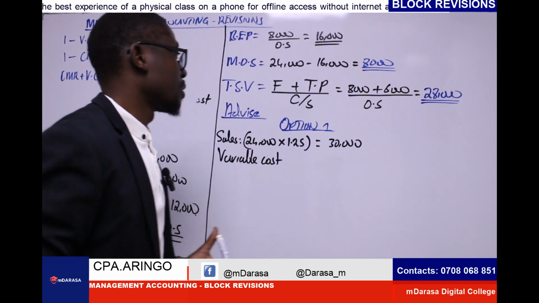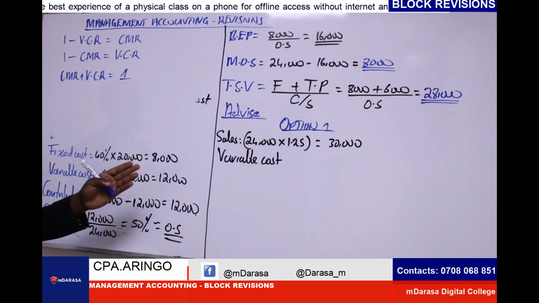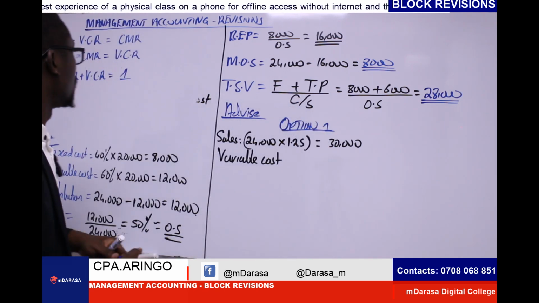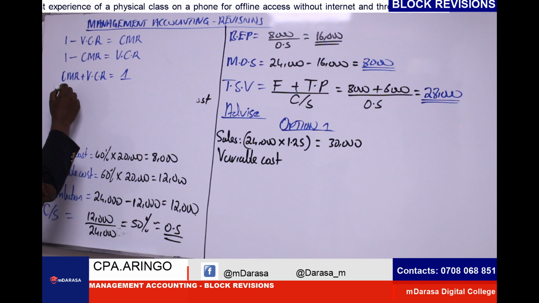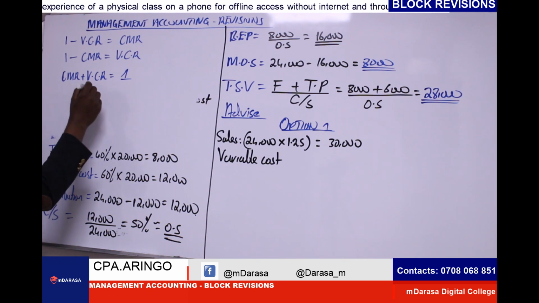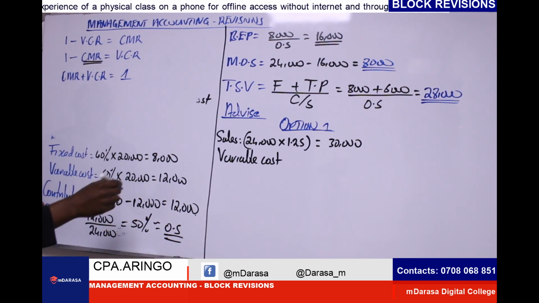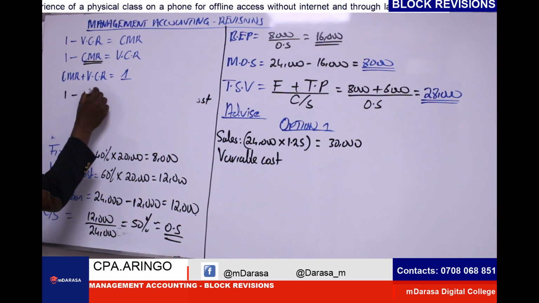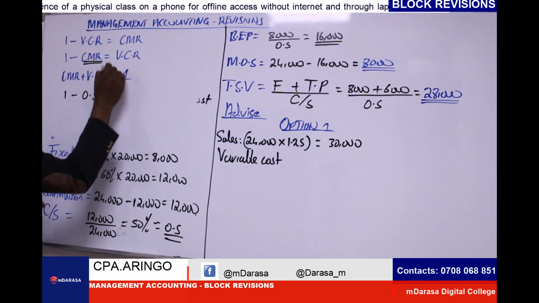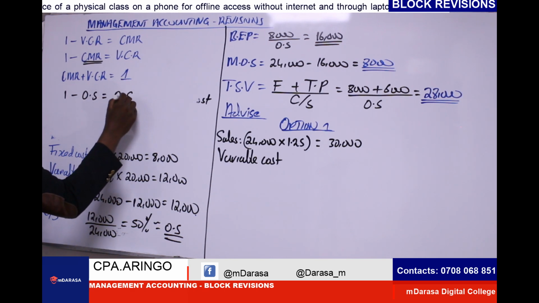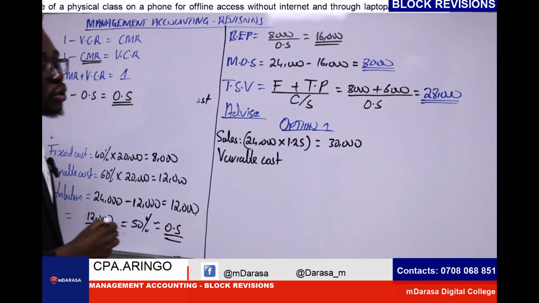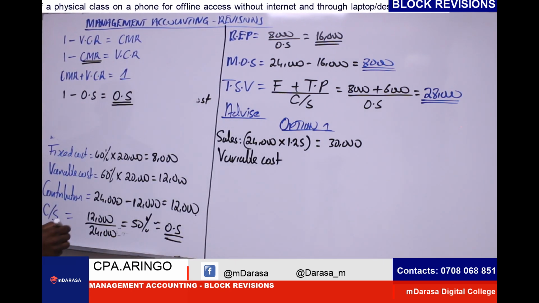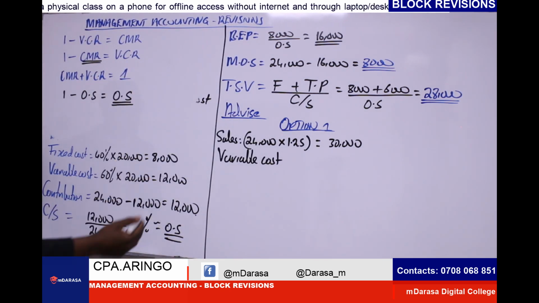So in our case, we have our ratio, which is the CS ratio, 0.5. That is contribution margin ratio. It's the same as CS ratio. So 1 minus our CS ratio, which is 0.5, will give us what? A variable cost ratio. So therefore, my variable cost ratio will also be 0.5. 0.5 of what? 0.5 of our sales.